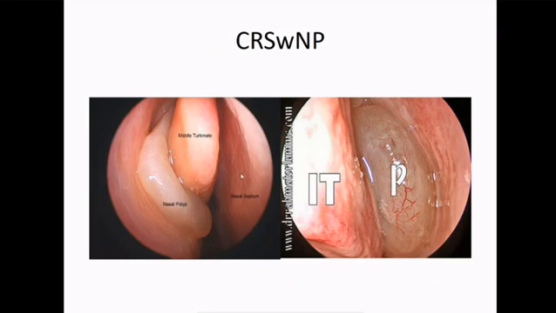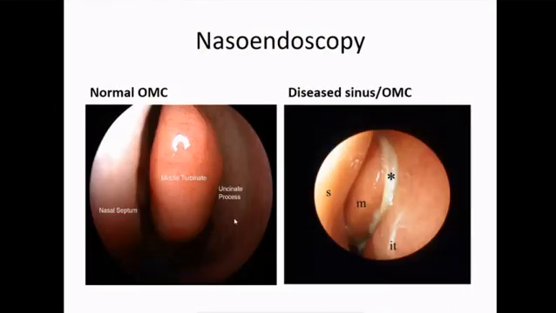If you find polyps like this, it is surely chronic rhinosinusitis, because polyps cannot form in a short period of time, within a few days or weeks. Normally when the polyps start to appear, they have been there for months or years already. Okay.